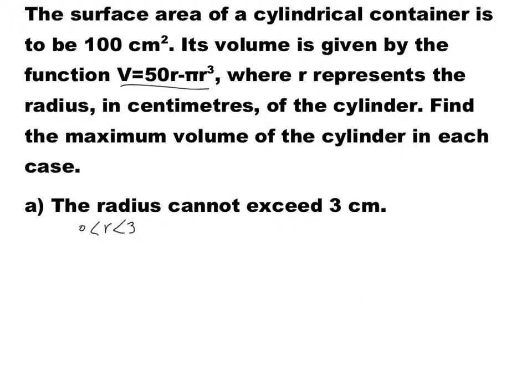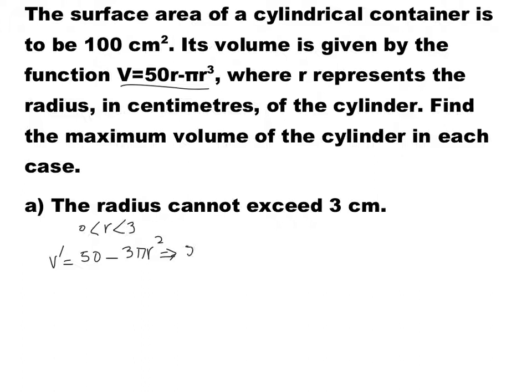To find the maximum, we have to find the zeros of the derivative of volume. So V prime is 50 minus 3 pi r squared. From here, we are going to make 50 minus 3 pi r squared equal to 0.